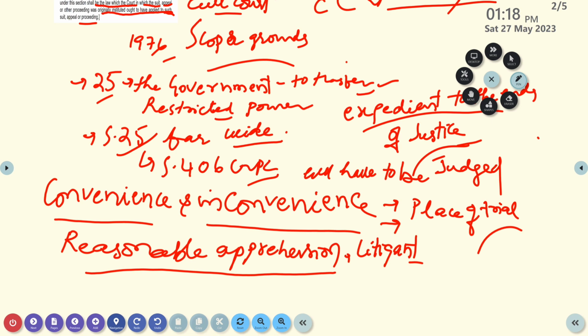In such a condition also, it is one of the grounds.